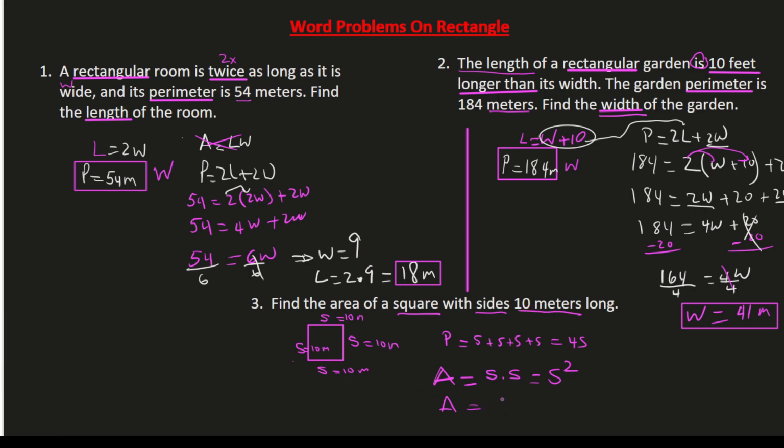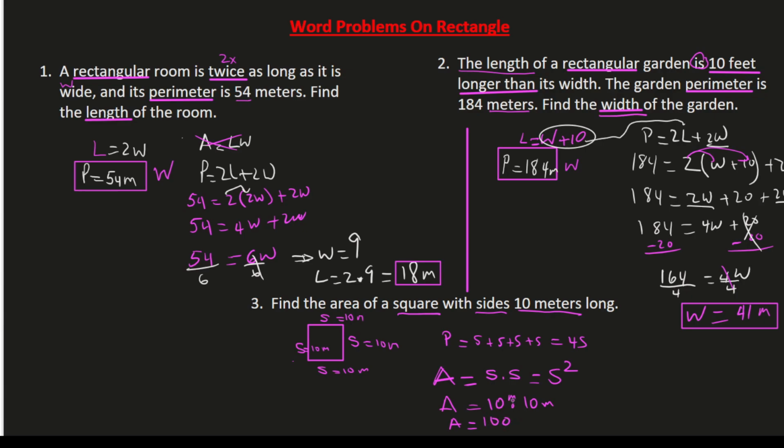This is the 10 we got here. 10 times 10. Let me put here meters. 10 meters. So when I multiply these two, 10 times 10 is 100. All right, this is 100.